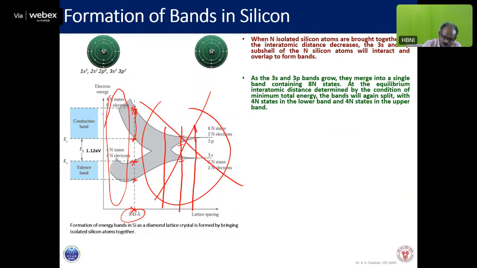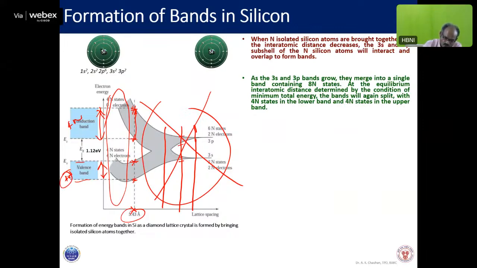If I remove this and just plot it in a 2-dimensional figure, this corresponds to these energy states, and these become another set of energy states. So now I have 2 energy bands. You must have understood this. There are 4n here, there are 4n here. How many electrons do I have? I have 4n electrons.